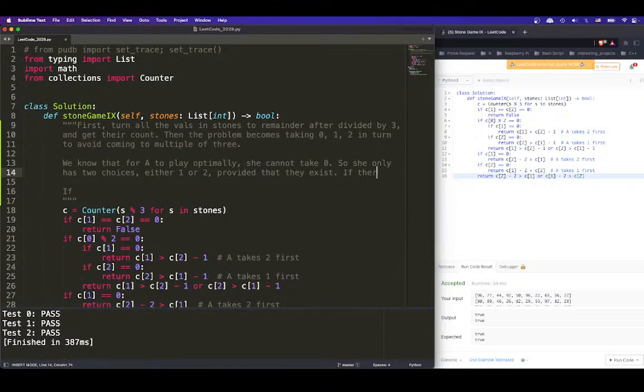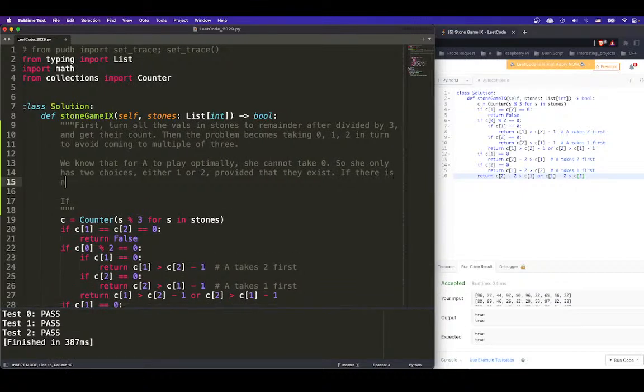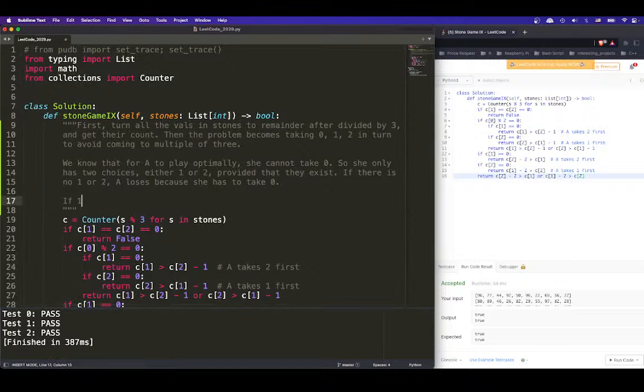If there is no 1 or 2, A loses, because she has to take 0. If 1 exists and A takes 1, B can take, then it is safe.